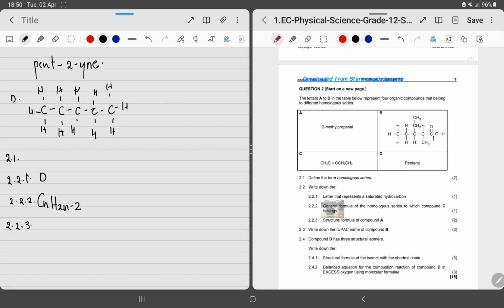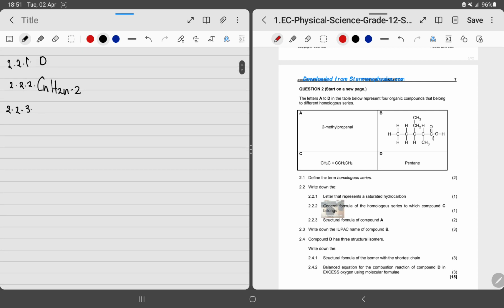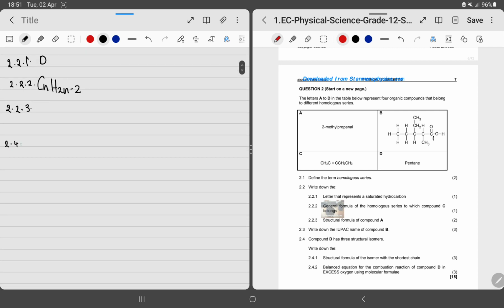2.2.3. So we need to write the structural formula of compound A. We've already done that. There it is. And then 2.4. Compound D has 3 structural isomers. Write down the structural formula of the isomer with the shortest chain. Okay. Compound D, right? So that's pentane.